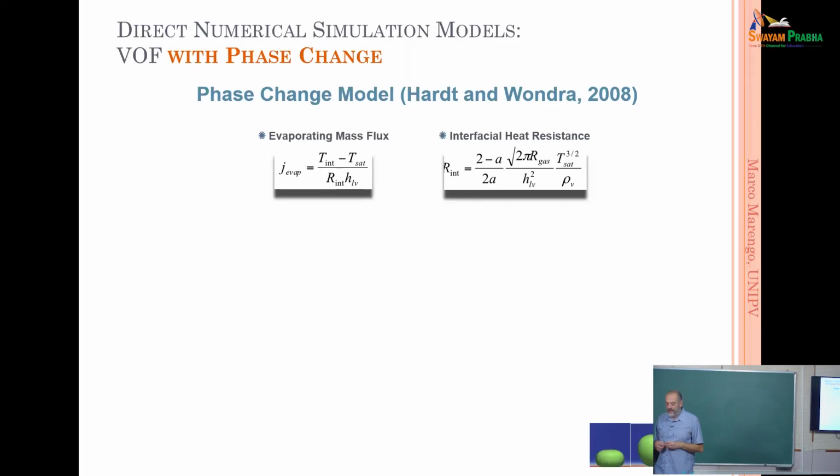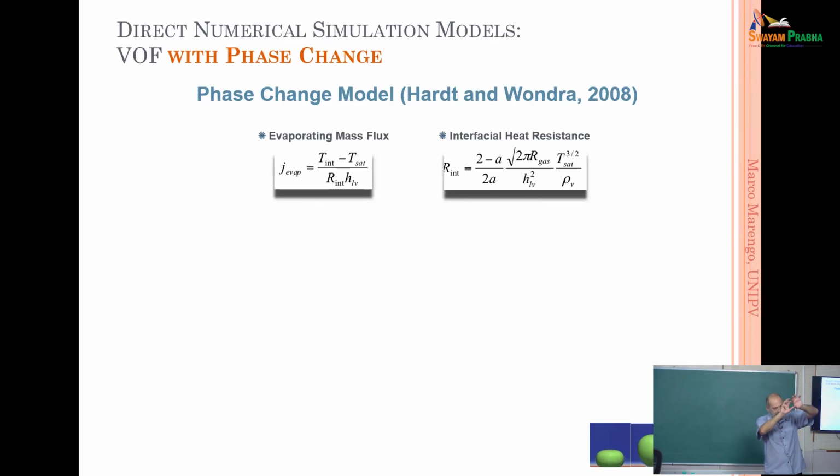So we can use, for example, this expression that is saying that we have the temperature of the interface. Which is the temperature of the interface? It is the temperature of the cells where we have a value of alpha that is different from 0 and 1. Okay, so imagine 0, 0, 0, 1, 1, 1, or vice versa.